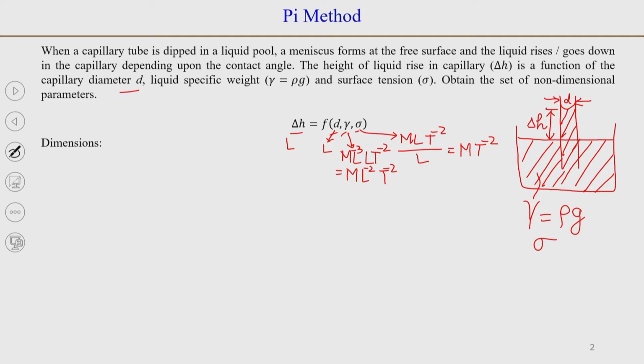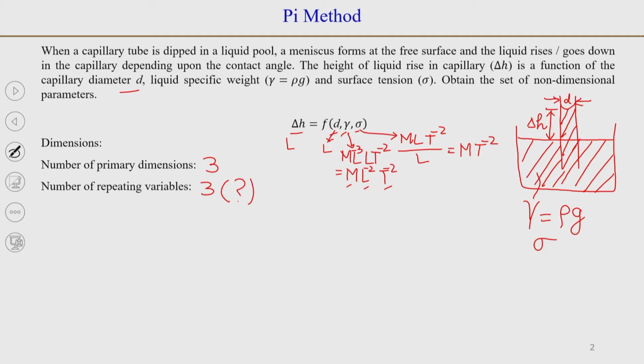Now, in this case we have 3 primary dimensions, M, L and T. So, if we use our previous theory, then the number of repeating variables should be equal to 3. But is that so?